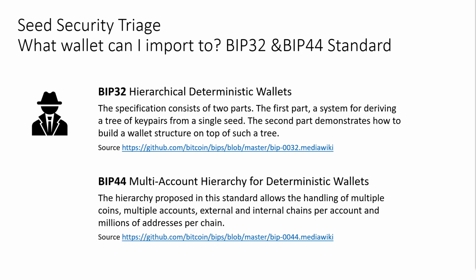So the other two standards that are applicable if you're looking for somewhere you can restore your seed phrase to are BIP32 and BIP44. BIP32 is for hierarchical deterministic wallets, which your Trezor or your Ledger all support, and this standard is to do with creating multiple key pairs for multiple addresses and things like that.